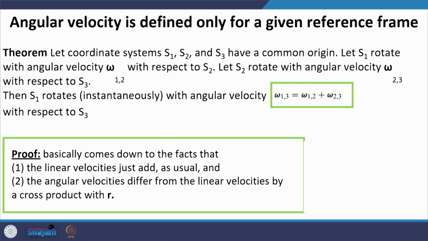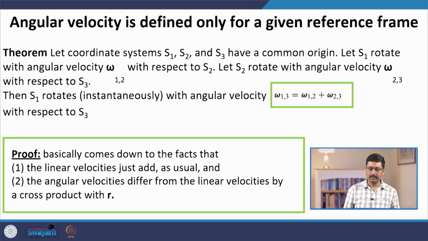Now, for the sake of completeness, let us put a brief remark about how to derive this relation. I am not going to give you the proof, but I just want to point out the basic logic by which we can deduce this relation.